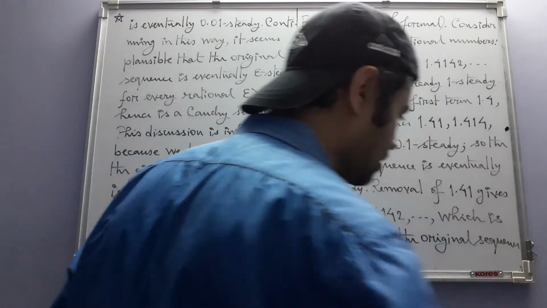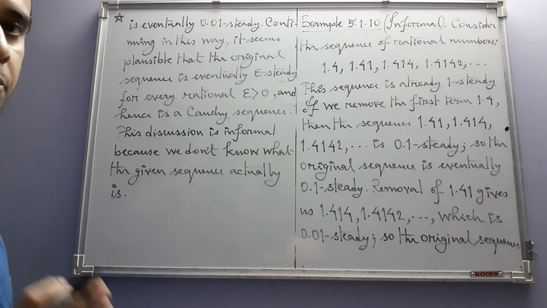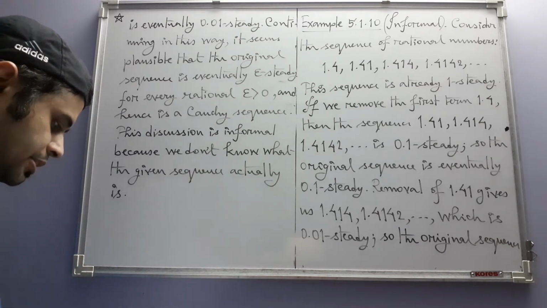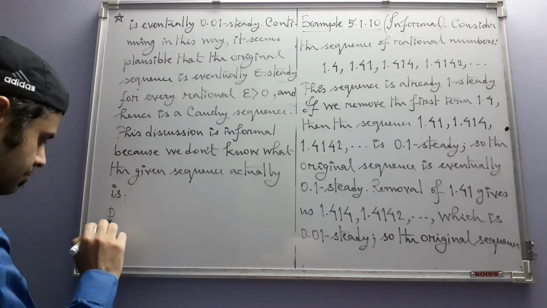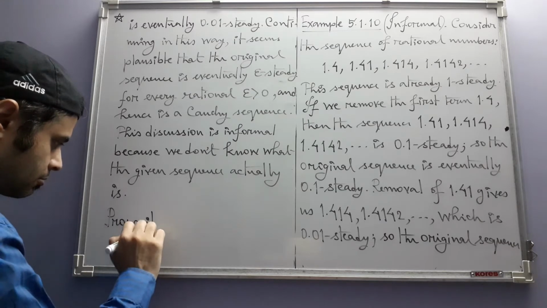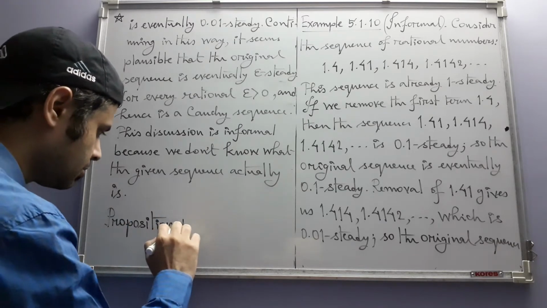However, we are now going to prove that a familiar sequence is in fact a Cauchy sequence, and this proof will be a mathematical proof. It will not be a simple speculation, which is this proposition. Proposition 11.